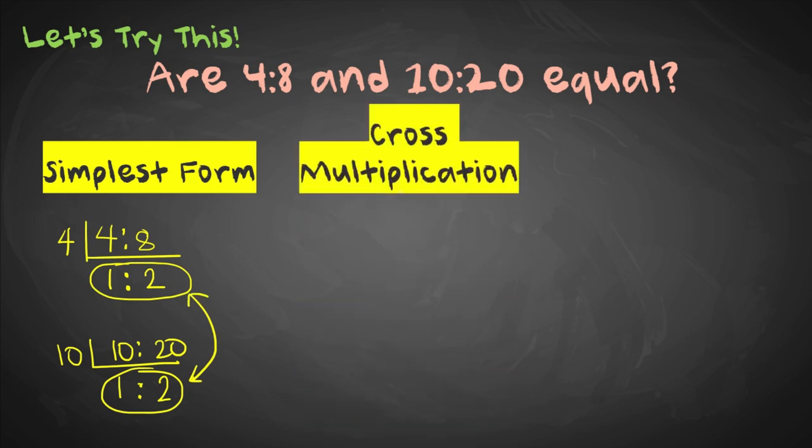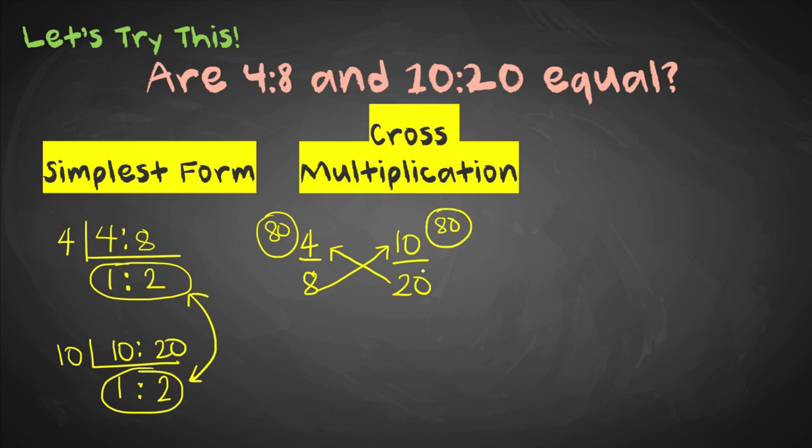So, another one is through cross multiplication. Isusulat natin yung dalawang ratio in fraction form. 4 is to 8 at saka 10 is to 20. Again, let's use cross multiplication. 20 times 4 is 80. 8 times 10 is also 80. So, they are equal.